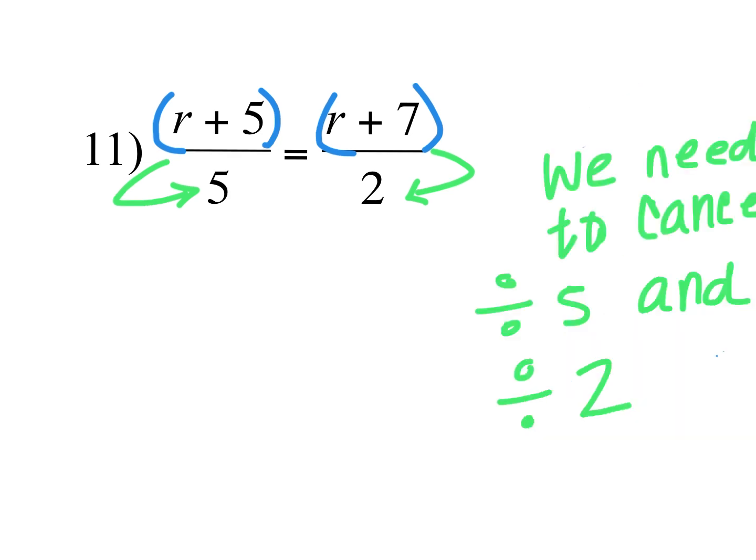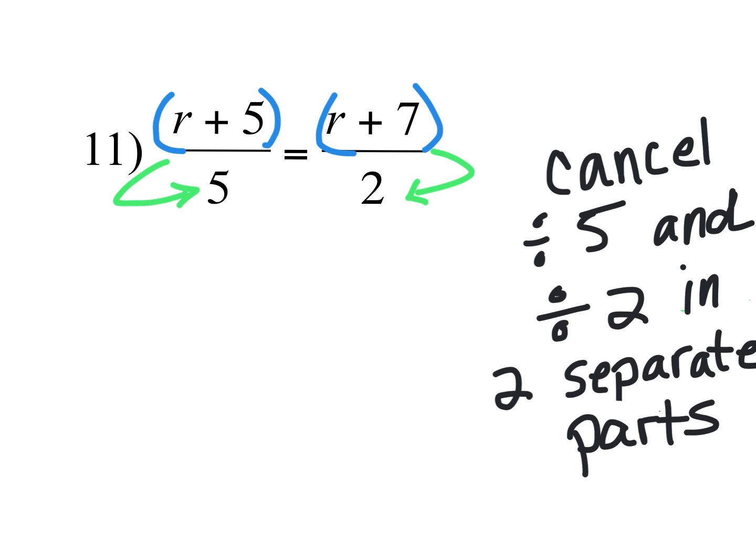We need to cancel out both dividing by 5 and dividing by 2. We're going to do it in two separate parts, and I think that'll be a little more clear once I show you.